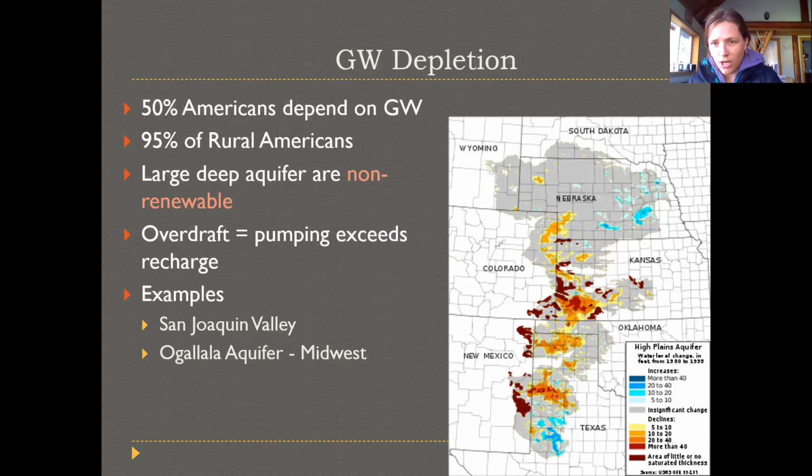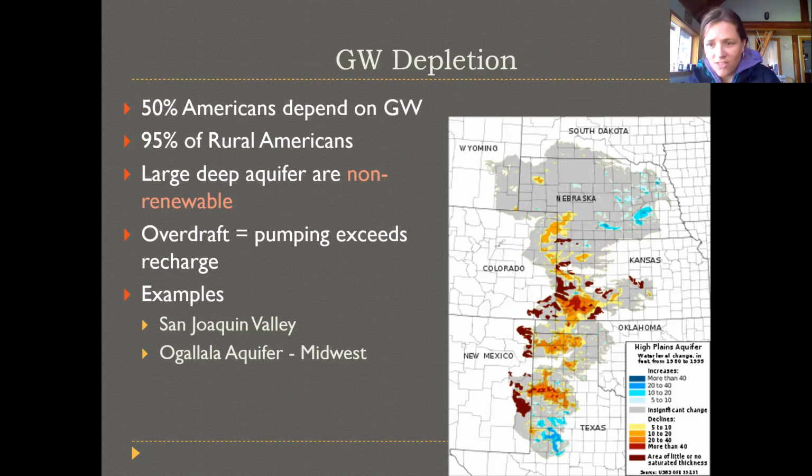This particular picture on this slide is showing from 1980 to 1995, so a little bit out of date, but it shows you the kind of trends that we're seeing here that are even more exaggerated today. In some places, this is inches drawdown, more than 40 inches of drawdown.